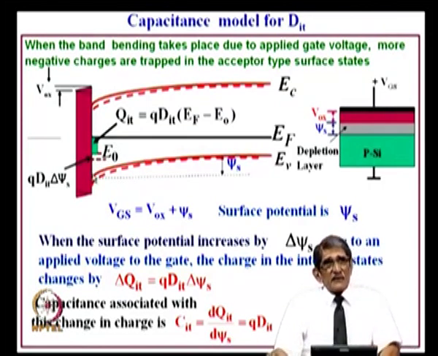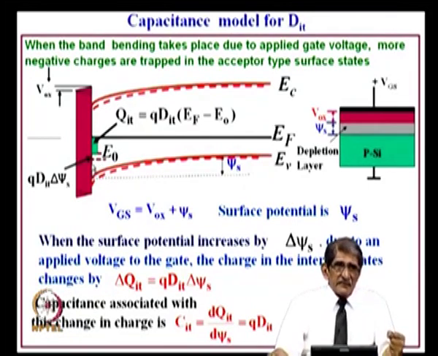So, what is the extra charge now coming from the interface state density? Q dit, the number of levels, multiplied by this shift. So, you will have extra charge coming from the interface density equal to Q dit into delta psi of s. And because delta psi of s is an additional drop in silicon, the depletion layer width would have moved by a corresponding amount, so there will be additional charge in the depletion layer.